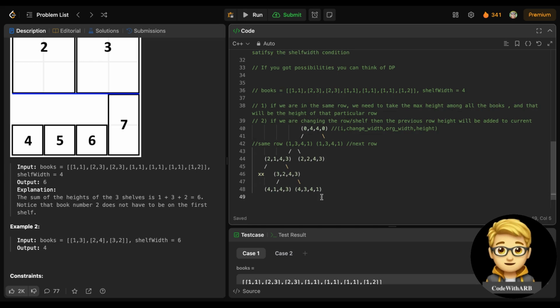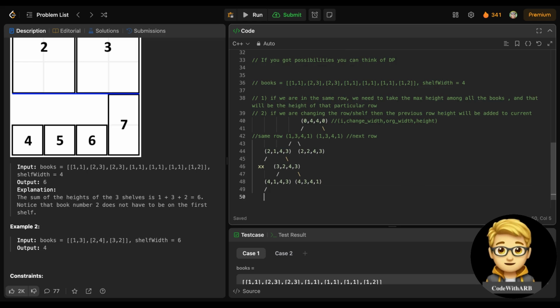Same thing goes on. But when we return back, the base case will be, suppose we placed it in the same row. Can we place the fourth value in the same row? Yes, we can place it. So 0 0, this will be 5, and this will be the maximum of 3 and 1, which is 3 again, right? Same goes for 6.